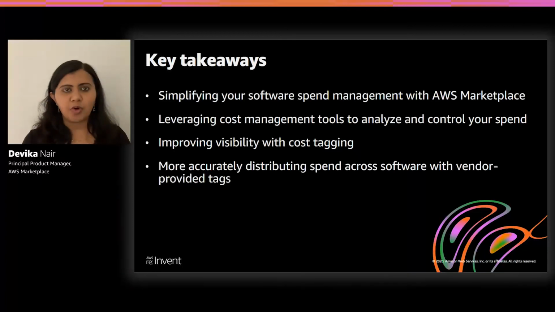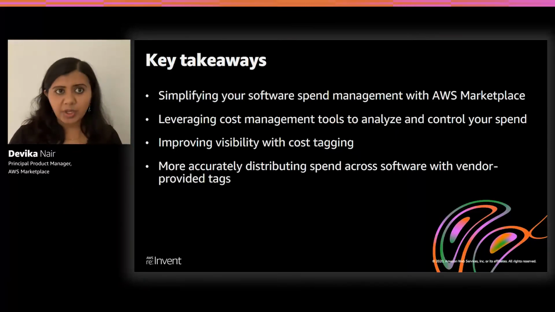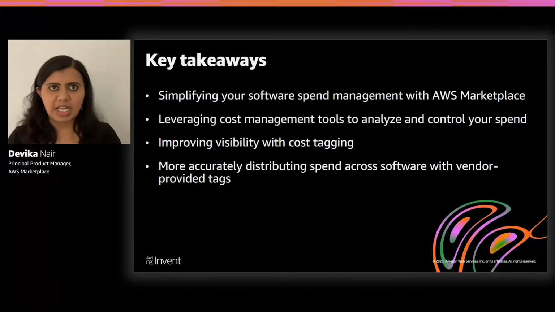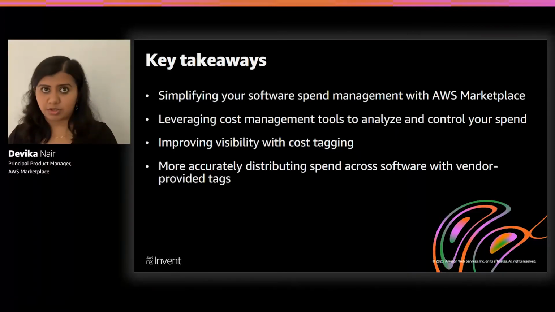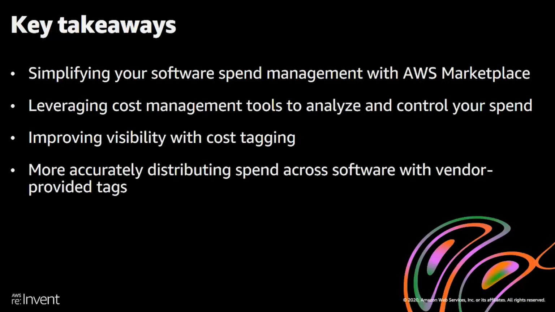And then we spoke about how you can use AWS or third-party cost management tools in order to dive further into where you're spending this cost, on what products, what services, etc. And then how you can leverage and improve visibility with cost tagging, and how cost tagging can be extended to all your software usage with tags provided by your vendors. You also heard from Eric on how Dell makes use of all of this.